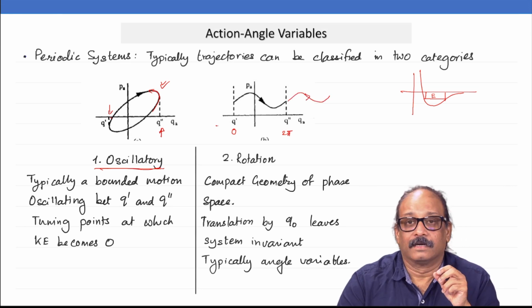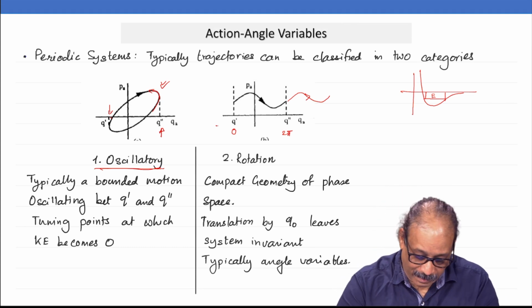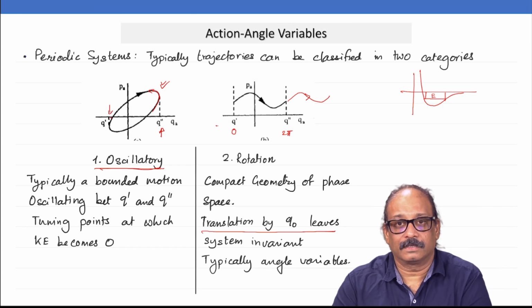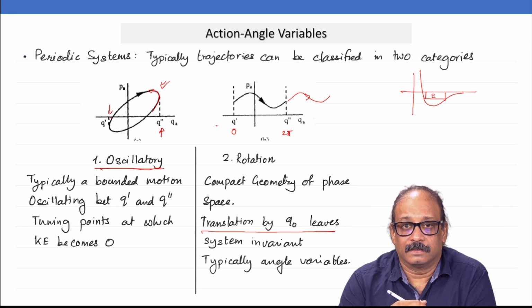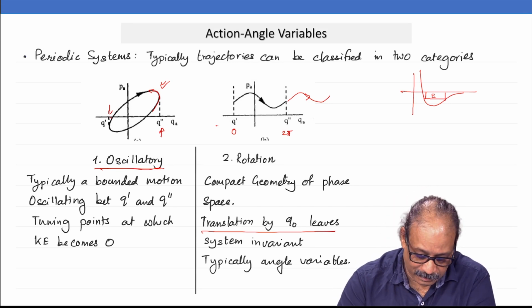Okay. So, there is a periodicity in q. If I add, for example, another q naught to the q variable, then I get an invariance or a symmetry, and that causes this kind of periodicity.